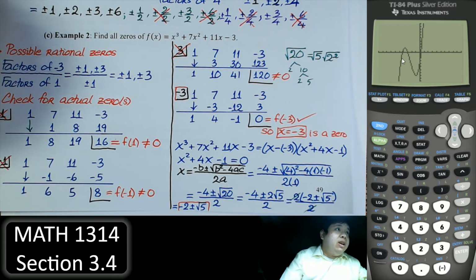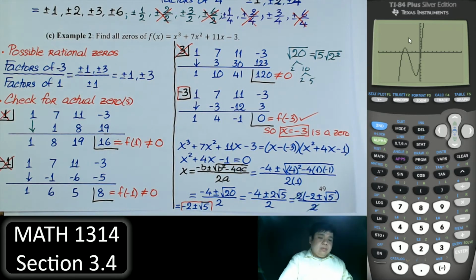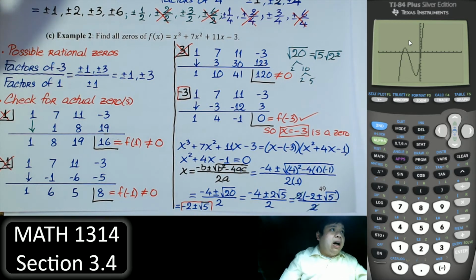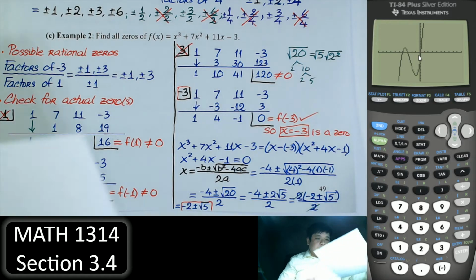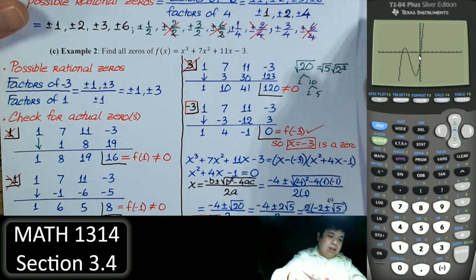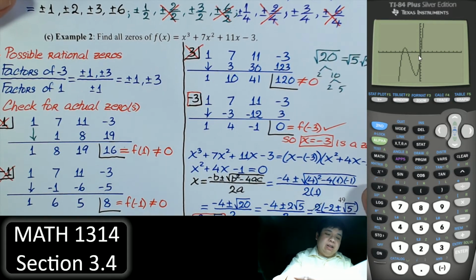The only definitive one is negative 3, so that's what we have. Of course, we can see this one is negative 2 plus the square root of 5, and this one is negative 2 minus the square root of 5. So those are irrational solutions. Right, so that's what we have.